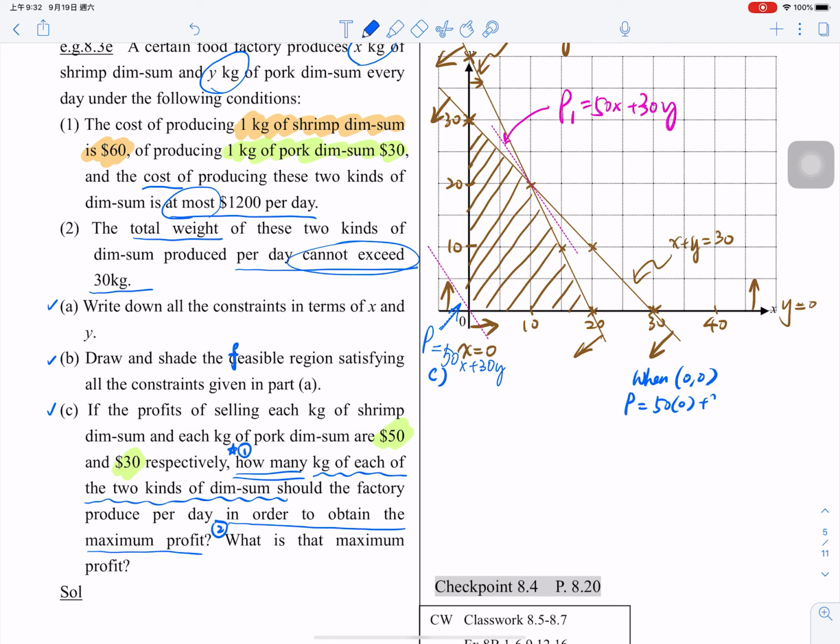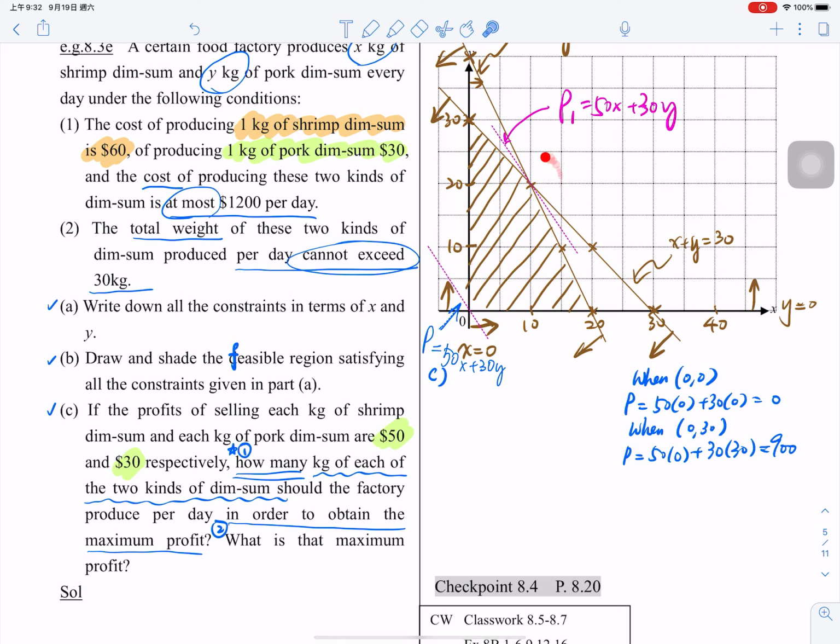It must be 0, right? So, too easy, right? How about when the point here, 0, 30? P equals 50 times 0 and then 30 times 30. And this one is 900, right?